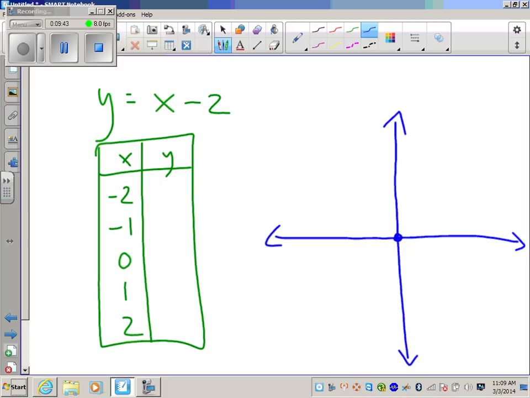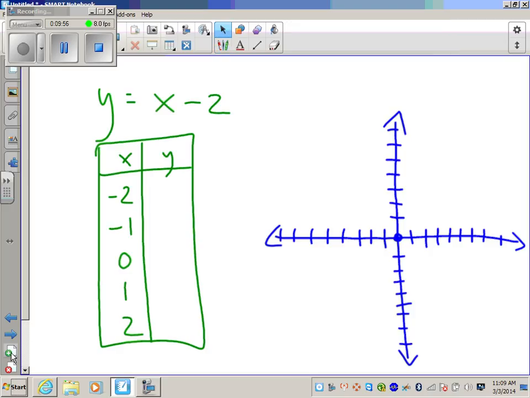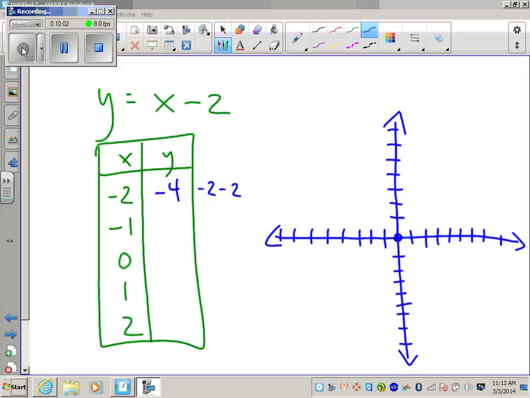When I give you your worksheets, you'll have your own grid to use. But -1 minus 2 puts us where? Who's got it? Negative what? 3, 0 minus 2, 1 minus 2, 2 minus 2.